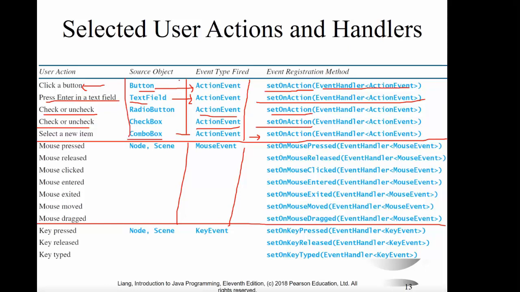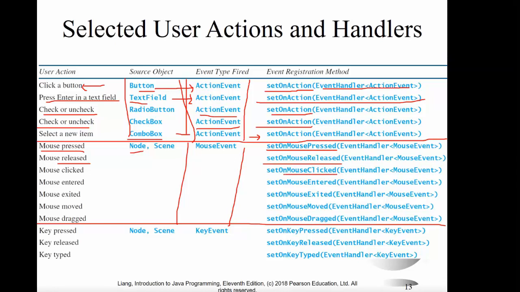What about mouse events? Well, mouse events can be fired by anything, all nodes. If you recall from the previous class, what is the node? What are the subclasses of node? Almost everything. What mouse events can you listen to? Mouse pressed, mouse released. Is it the same method? No. If you are interested in the mouse pressed event, you call set on mouse pressed. If you are interested in mouse released, set on mouse released.